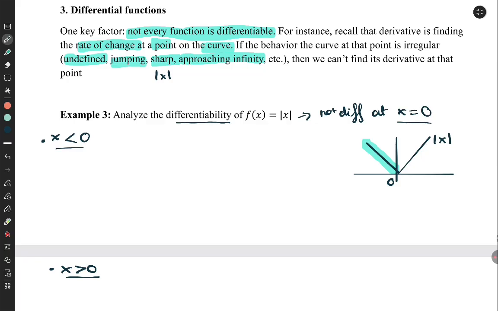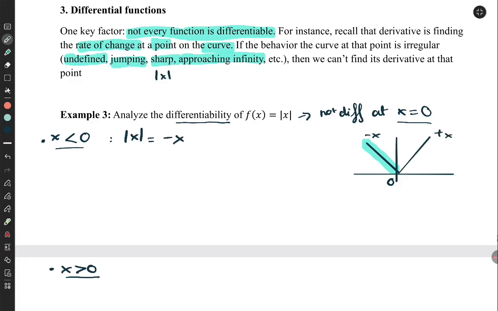When x is less than 0, the absolute value of x equals negative x, right? This is the negative x. This is positive x, right? So negative.